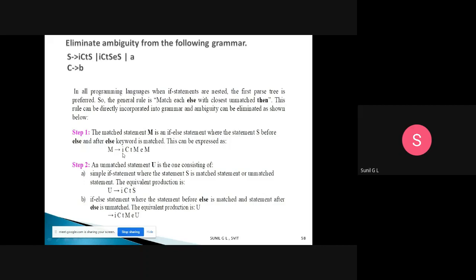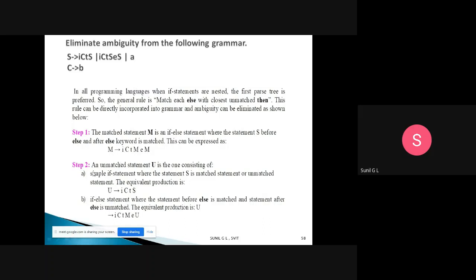So it is a normal if-else: if condition is true, then matched statement, else matched statement. So this is one thing.